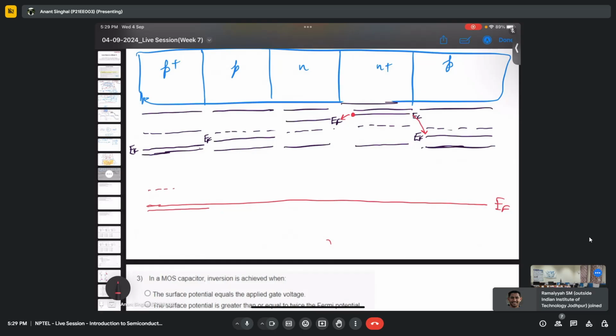Let me not make a very long line. Fermi level will be like this only. Now we have a P, so the level will be higher, so the band will bend a bit upwards. We have this, like a very small one. I've made it very large, I guess.